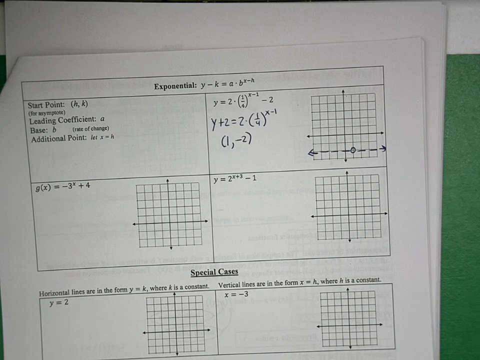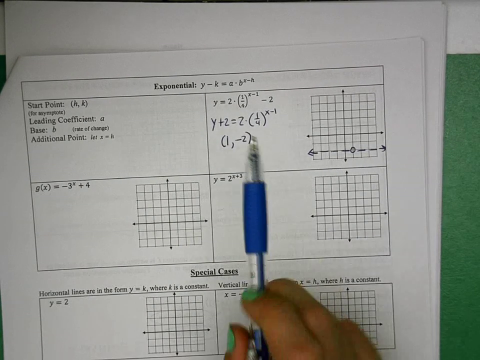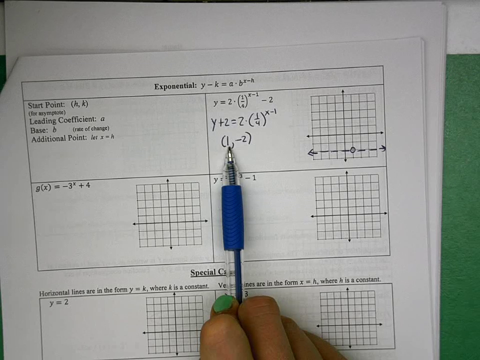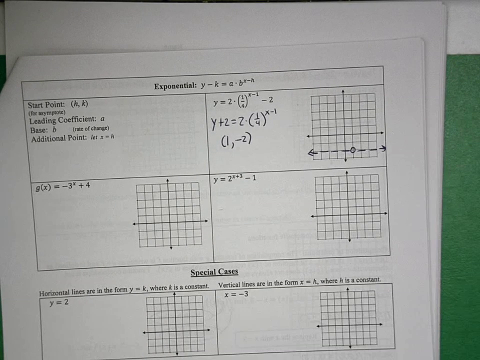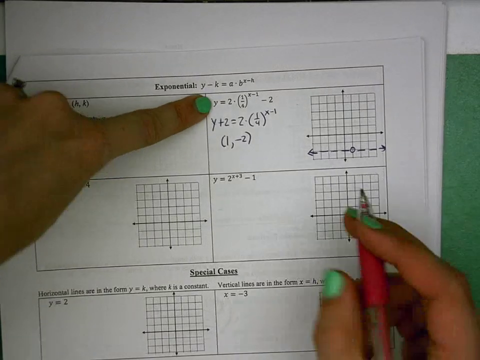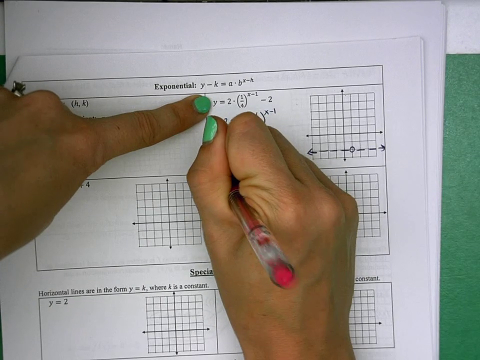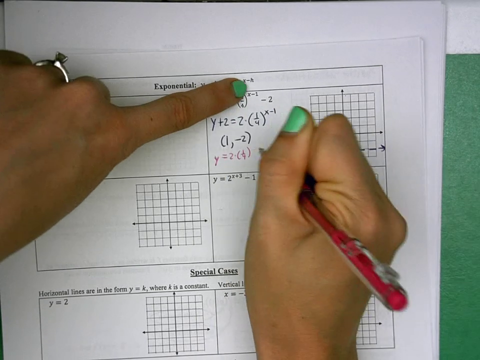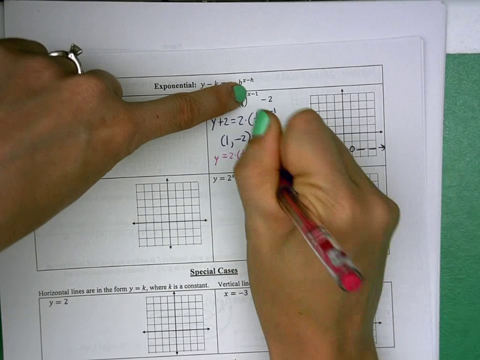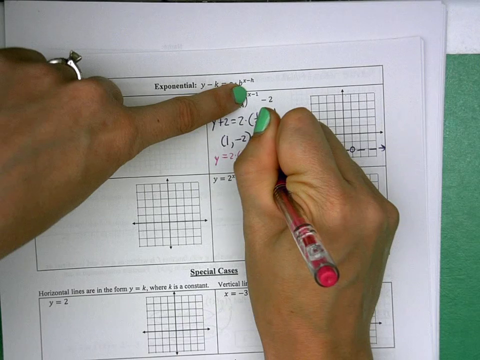If you feel like you need to plug in more than 2 values, go ahead and do that so that you can see the exponential curve come into being. But if you want my recommendation, the first point you should plug in is the x value that you've already found. Okay? So if I took this x value and I plugged it in to my function, so y equals 2 times 1/4 to the, taking this x value and plugging it in, 1 minus 1, minus 2.